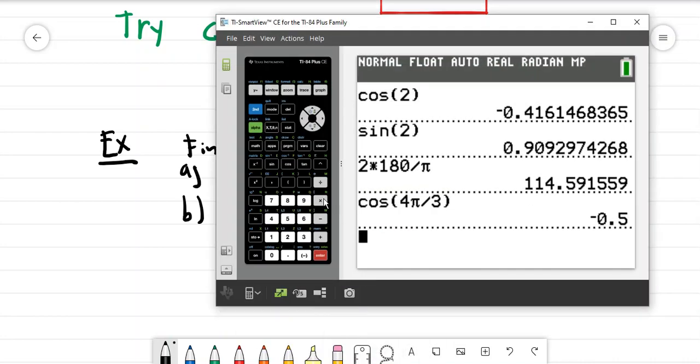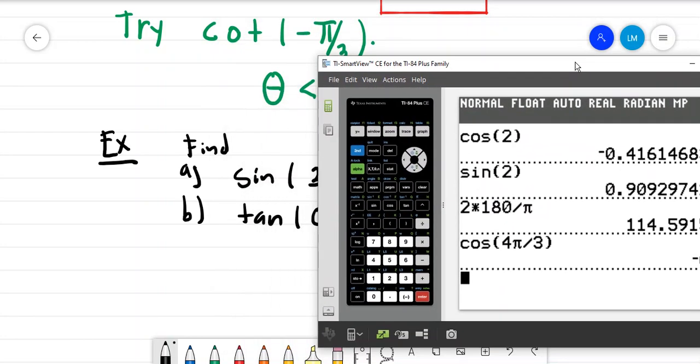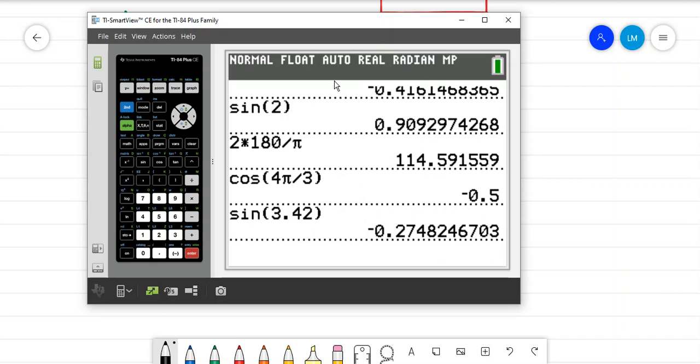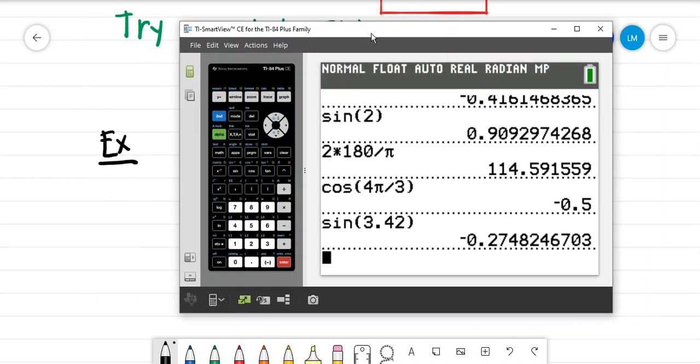So for these, there's really not much to it other than plugging it into the calculator. You take sine, and the value that we were looking at was 3.42, and we just hit enter. Basically, that's going to give us an answer of negative 0.2748.